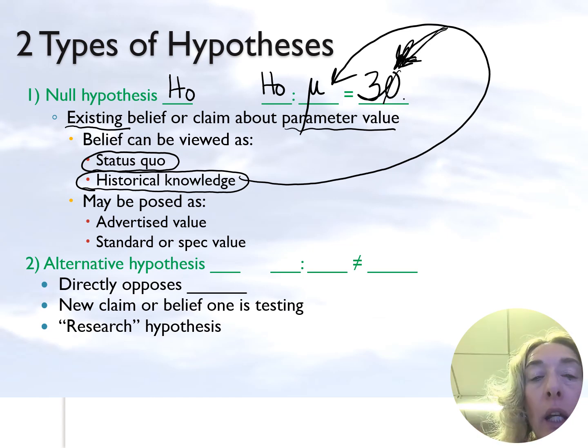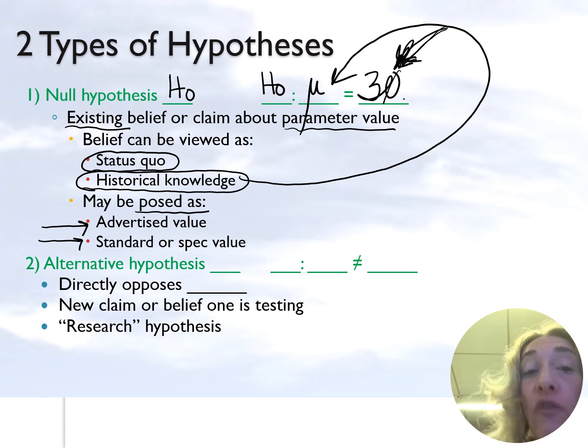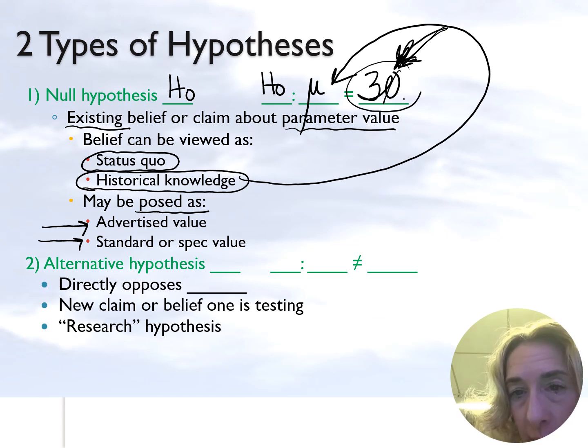In problems that we're going to do involving hypothesis testing, the null belief could be posed to you as some sort of advertised value about the parameter, or some sort of standard or specification value involving the parameter. These are all ways that you can view the hypothesized value in the null hypothesis.